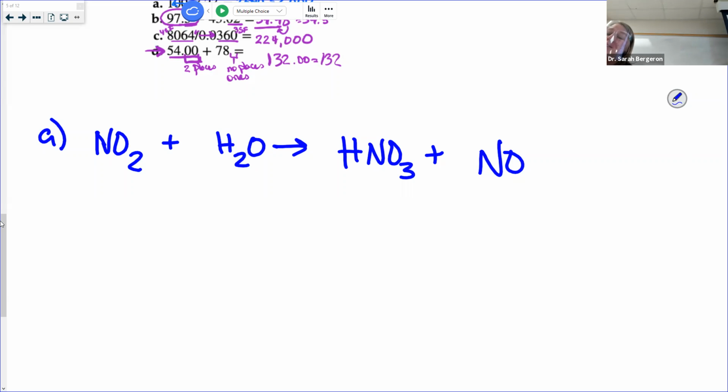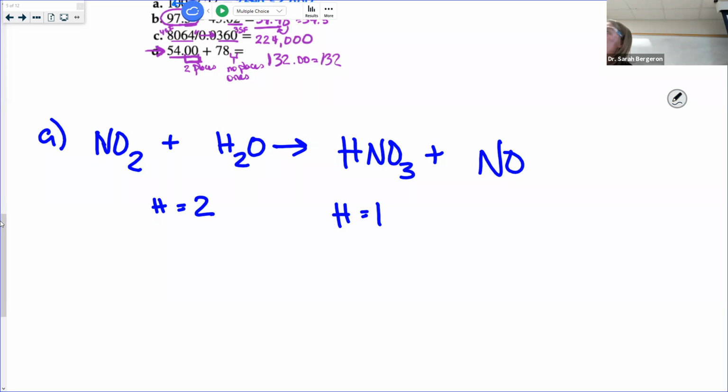So in our reactants, how many hydrogens do we have? I have 2 because the 2 is behind the hydrogen. So I have 2. Okay, how many in the products? 1. Can I take away anything? No, I can just make more molecules. So I want to make more of my product HNO3.